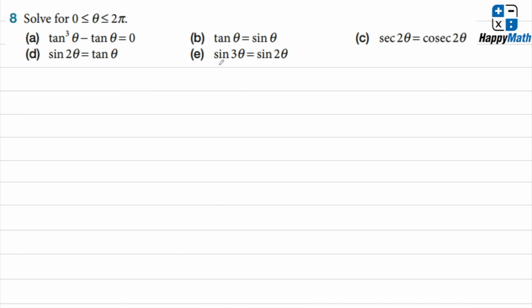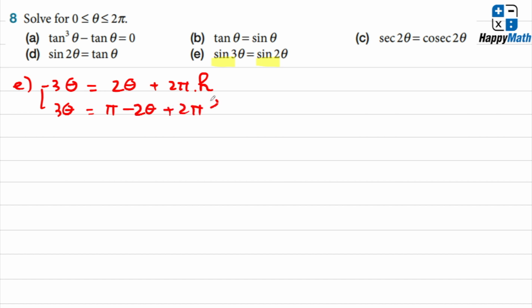Question E, sine 3 theta equals sine 2 theta. You have sine on the left hand side and right hand side, so this question is very easy. You have the equation in terms of sine, and this means 3 theta equals 2 theta plus 2 pi k. The second one is 3 theta equals pi minus 2 theta.